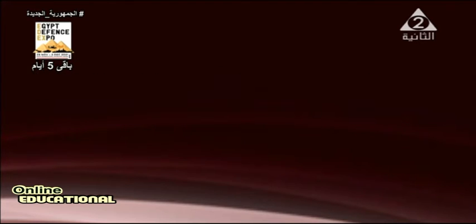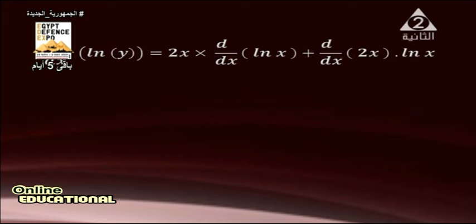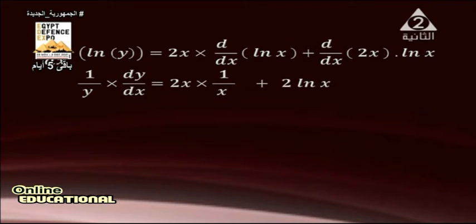Now, derivative of 2x ln x equals 2x multiply derivative of ln x by dx plus derivative of 2x by dx times ln x. Derivative of ln y equals 1 over y dy dx equals 2x times derivative of ln x, which equals 1 over x, plus 2, which is the derivative of 2x, times ln x.